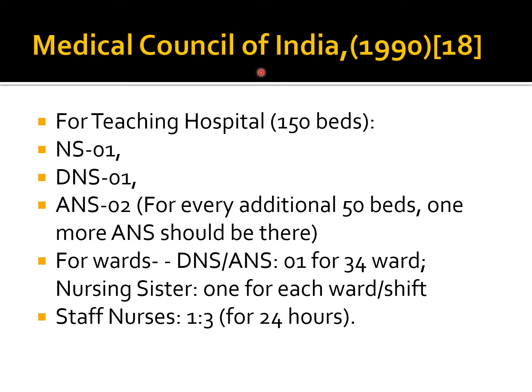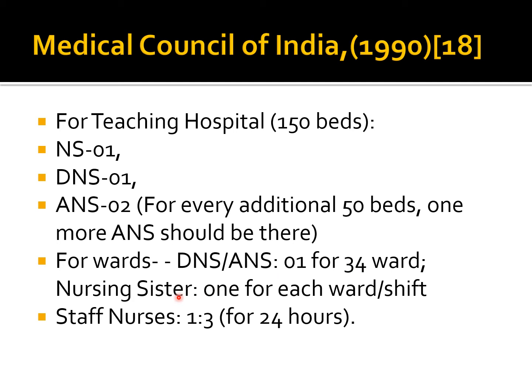Coming to recommendation of Medical Council of India in 1990. For teaching hospital of 150 bed, there must be Nursing Superintendent 1, Deputy Nursing Superintendent 1, ANS 2, and for every additional 50 bed, there must be one more ANS. For wards, Deputy Nursing Superintendent or ANS in the ratio 1 for 3-4 wards.